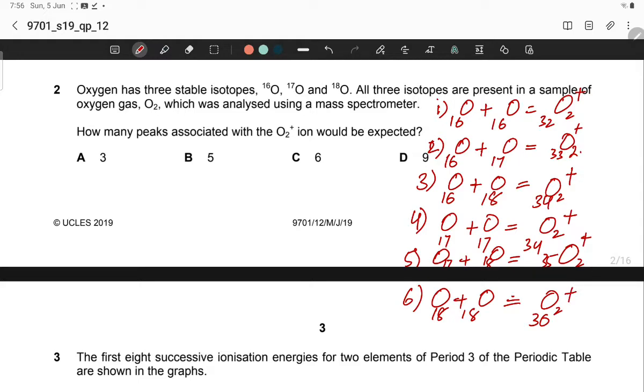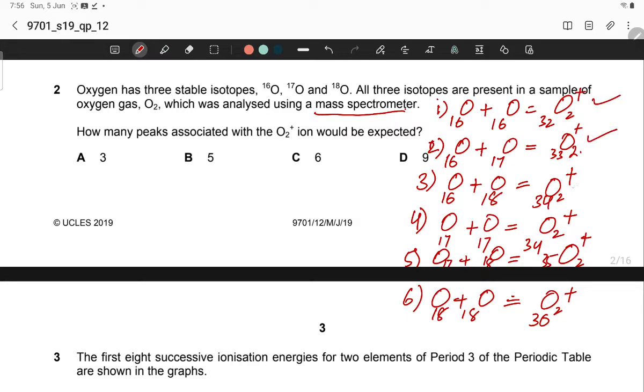As we know, in a mass spectrometer different molecular masses give different peaks, so there are different M/r values. So let's find out how many peaks there are. The 32 molecular ion gives one peak, and 33 is another peak.